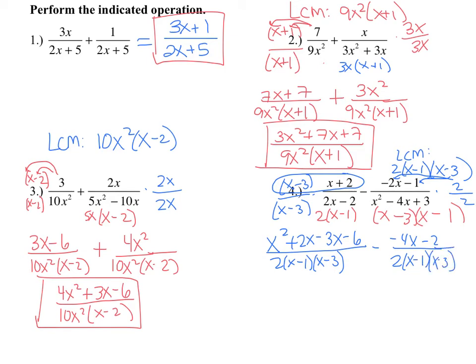So I'm going to simplify the first fraction and combine those like terms. So we have x squared minus x minus 6 minus the negative 4x minus 2.